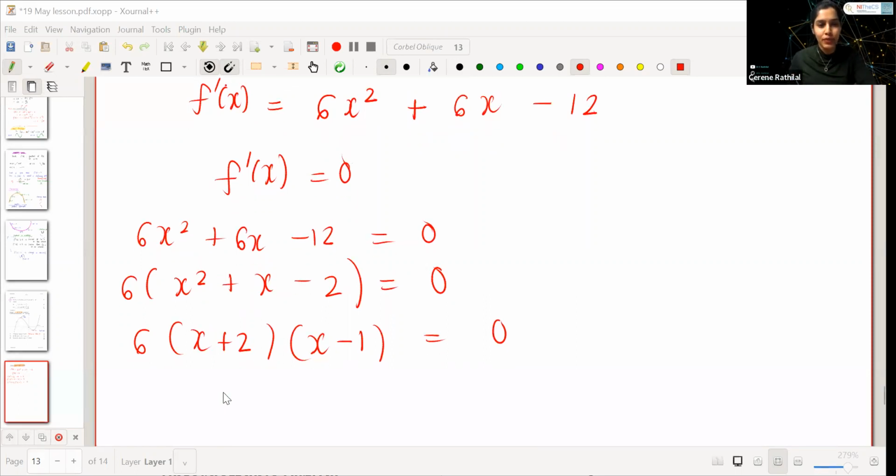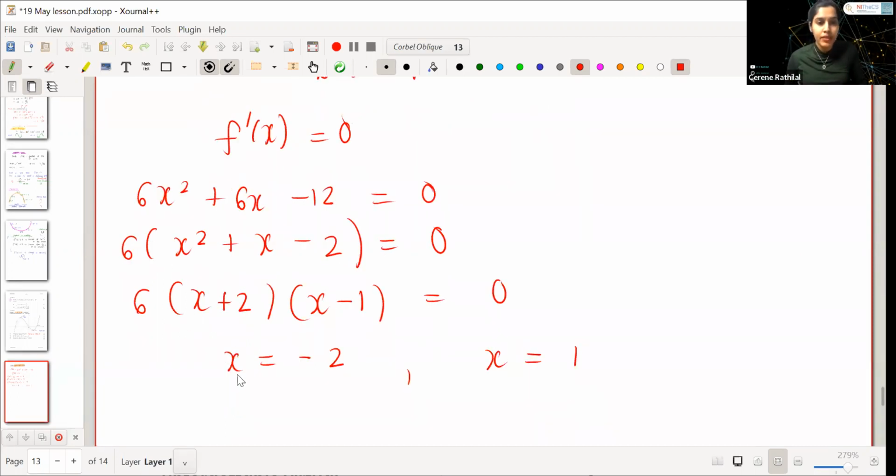What x values do we get? So we have x equals -2, x equals +1. So we've got 2 candidates for stationary points, and we now need to find the corresponding y value. So to find the coordinate, we take this x and we plug it into the original function, okay?